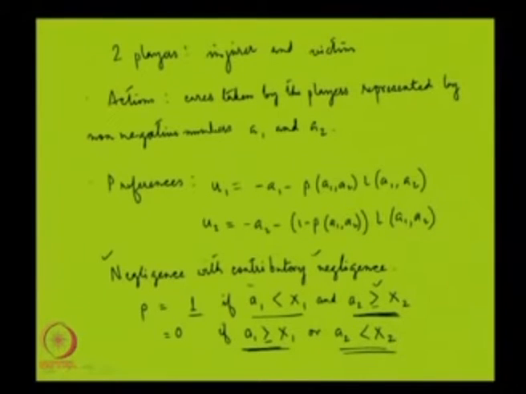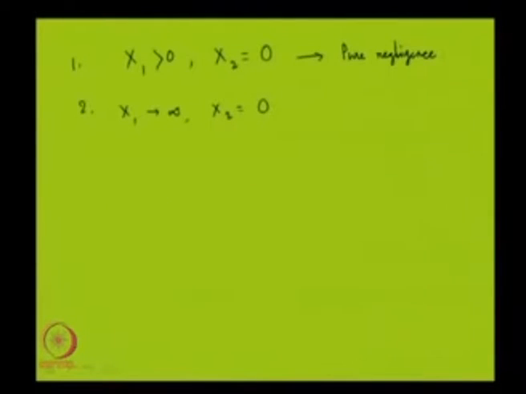None of them is going to be satisfied. So, this condition is automatically satisfied, which means that here whenever the accident occurs, the injurer pays the compensation, the entire compensation to the victim. So, this is the case of strict liability.